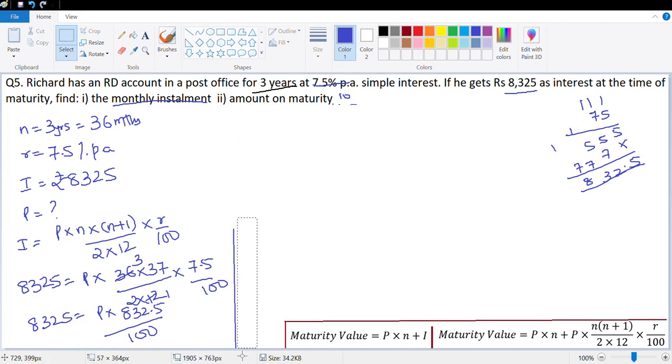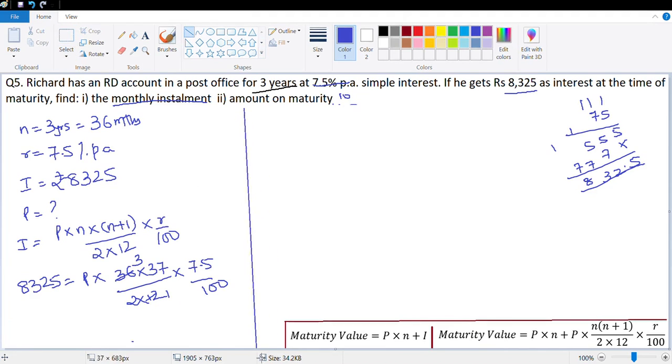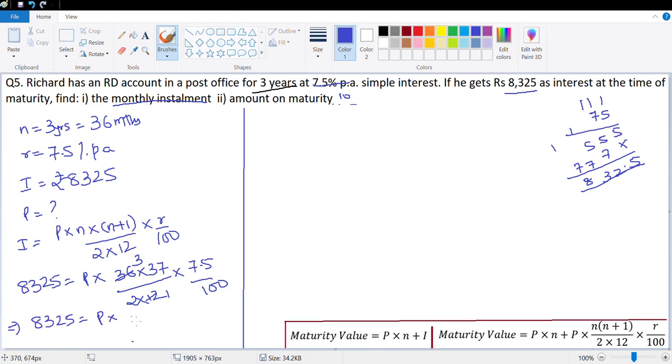Yeah, so I realized my mistake. Yeah, this is the step where I've done my mistake. This is 2 into 12. So let me just rewrite what I have written. So in this case, 8325 is equal to P multiplied with 832.5 upon 2 into 100.